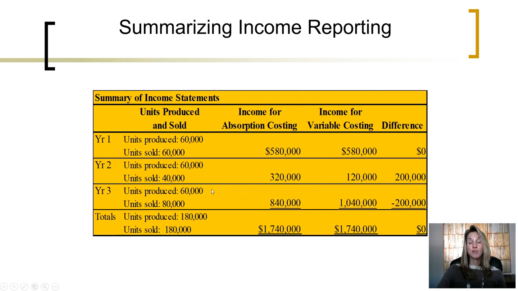However, when the number of units produced is less than the number of units sold, absorption costing's net income will be lower than variable costing because some of prior year's fixed overhead is released into income calculations, causing more expenses to be recorded and a lower net income.